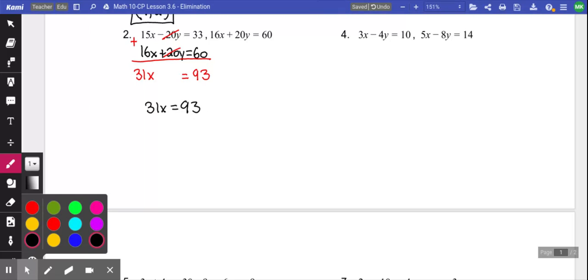I've eliminated properly because my one letter of y is gone. All I have left is x. Cool. Now what? Yeah, move that 31 to the other side. So to move that 31, I'm dividing by 31. That means x equals 3.